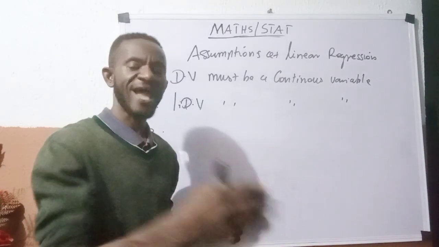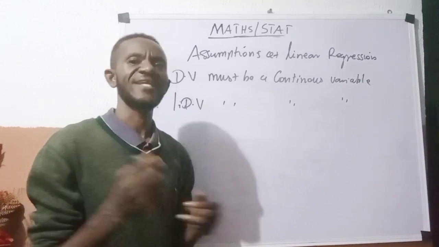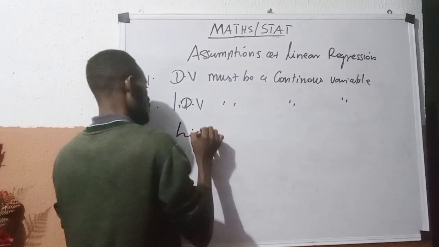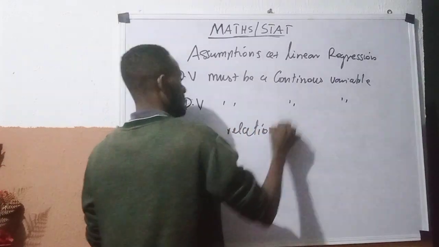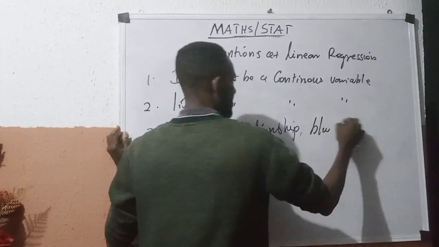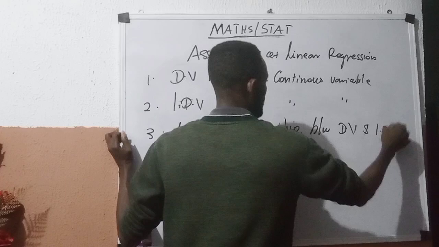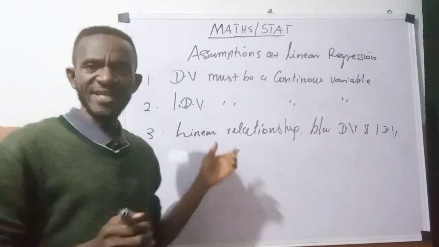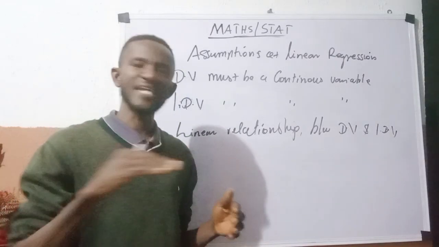There must be a linear relationship between the DV and the IDV. And this linear relationship could be positive, it could be negative.